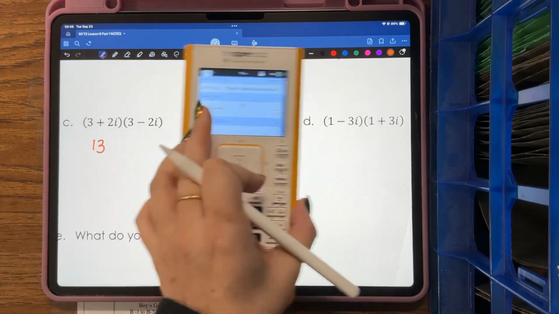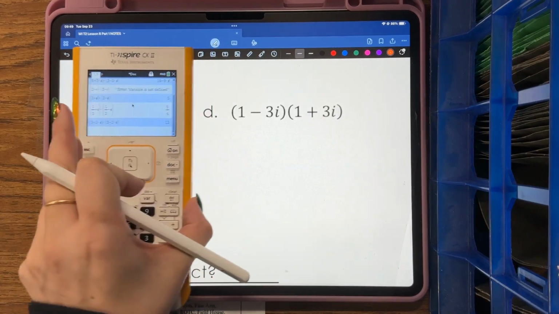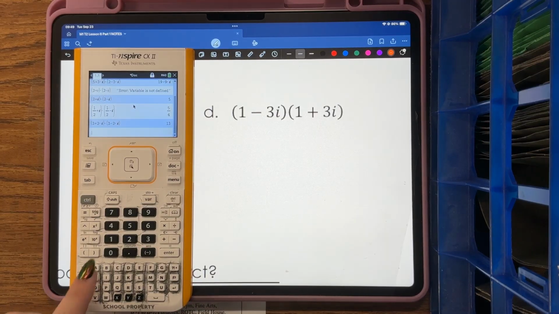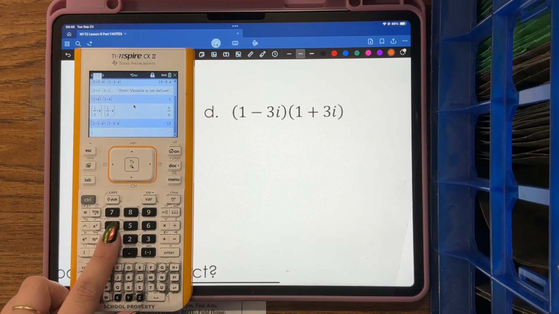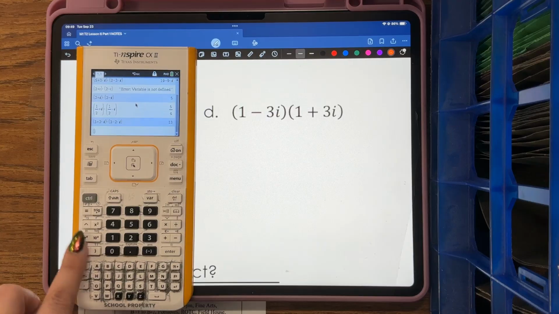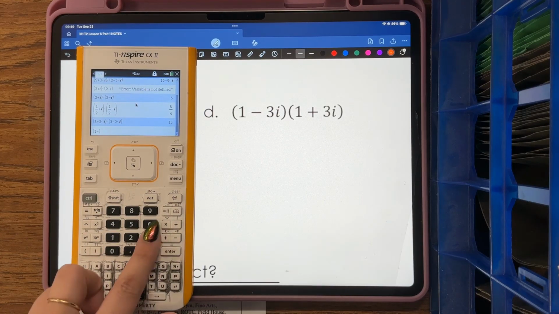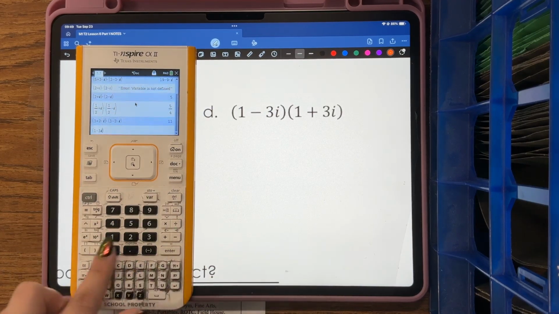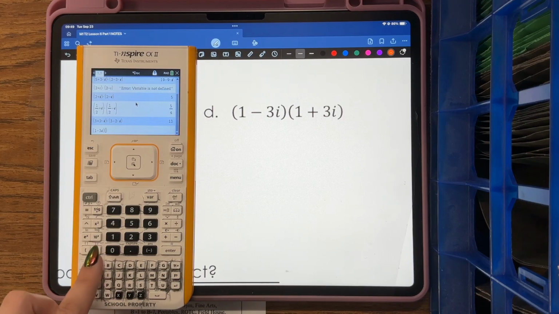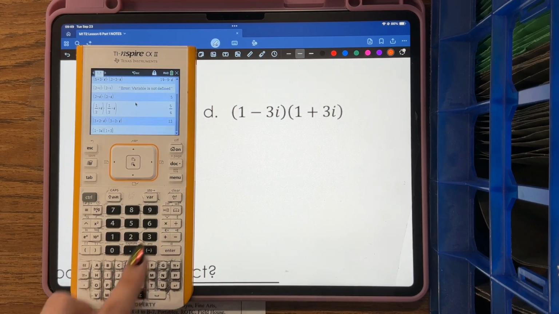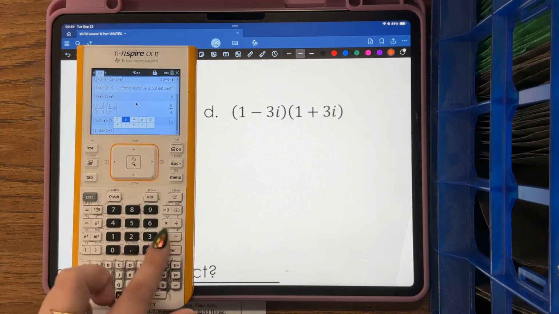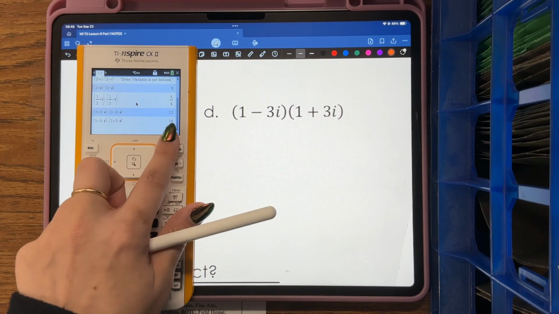And then our last example, 1 minus 3i, 1 plus 3i. And that gave us 10.